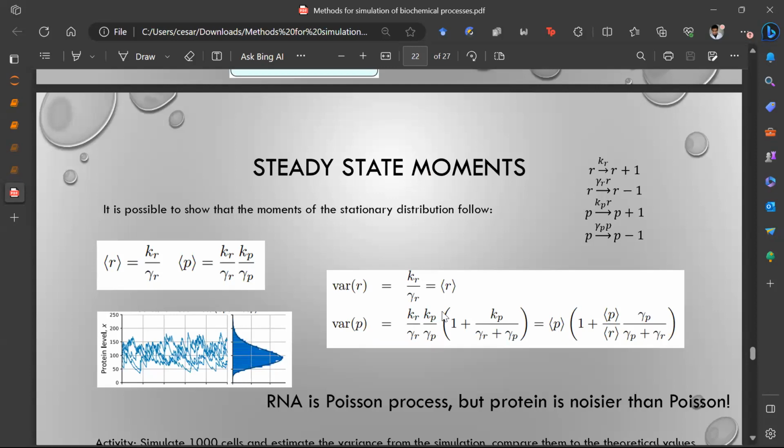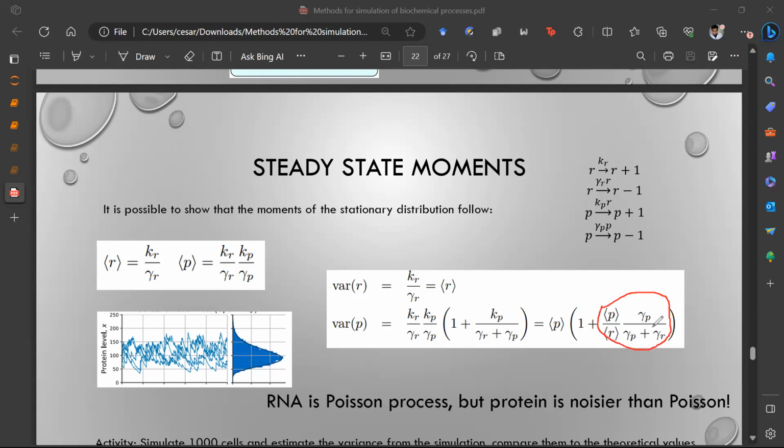So what's the message here? This guy, this k_p over gamma_R, is mean P. So you can check that if this process was Poisson, the variance is just P. Remember that for a Poisson process, the variance is P. However, here the solution gives you an additional term, k_p over gamma_R plus k_p, that using these values can be rewritten this way.